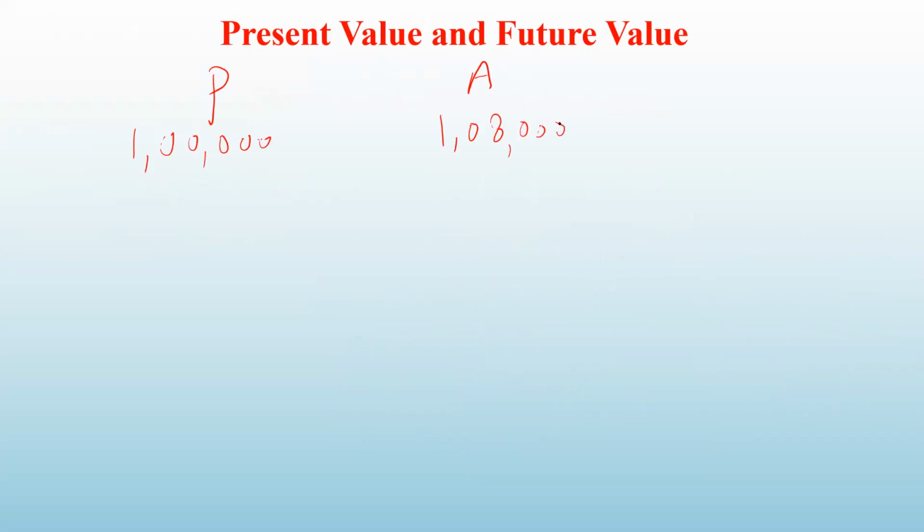Correct? So this is after 1 year. What we say is that this 1,08,000 is the future value of 1 lakh. Only the name has changed. The accumulated value, we are now calling it the future value.